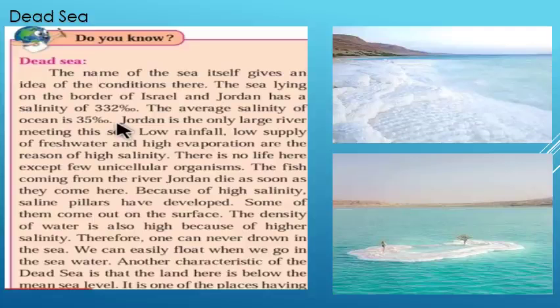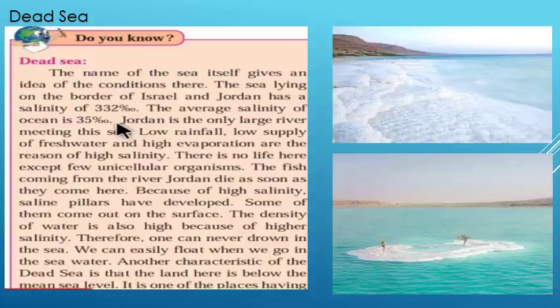Because the amount of salt present in it is so much that sometimes you can see, in the second image, a bulge or a pillar type thing of salt come out automatically. So as soon as the fish from the river Jordan enters and mixes with the water in the Dead Sea, you will find that they immediately die. So there is no life possible, the water is too hard.